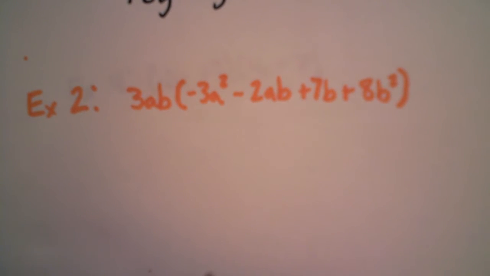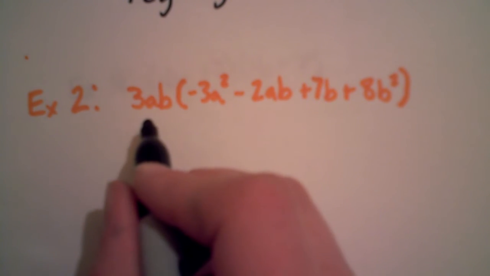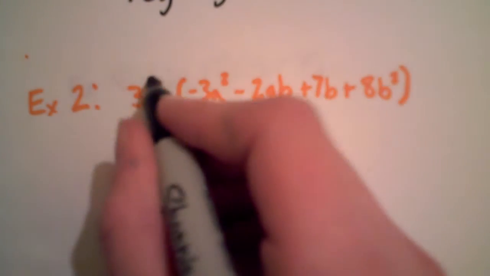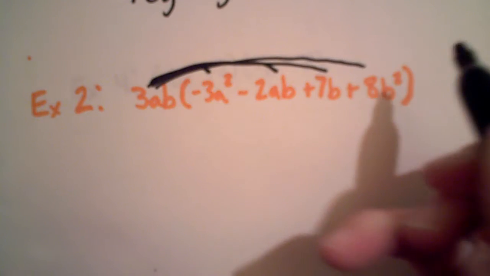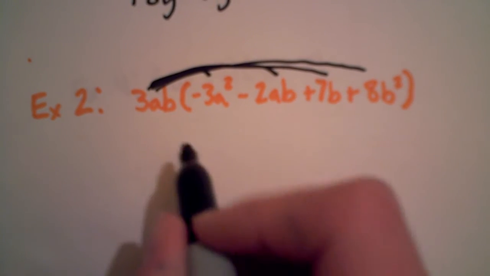Example 2. This is a little bit harder with some more variables, but the same concept, just distributing this nicely through the polynomial. It's really not that hard.